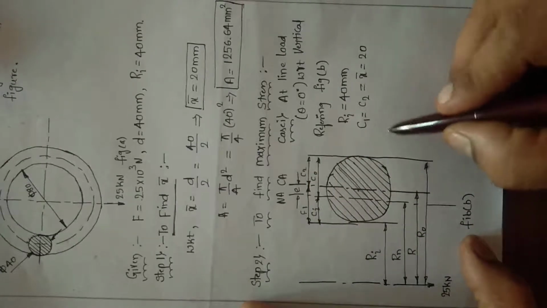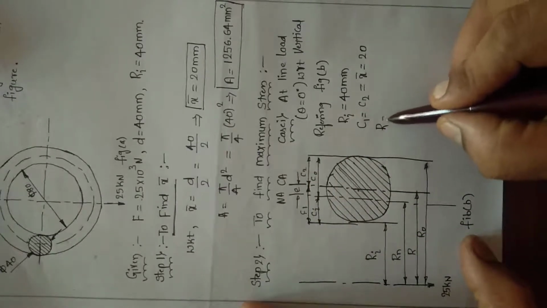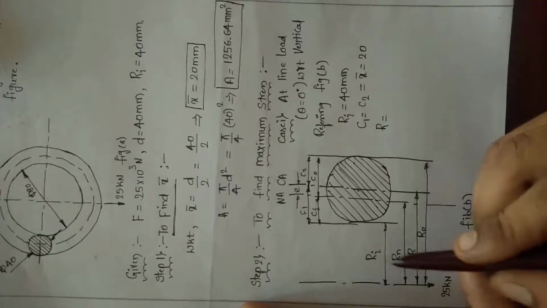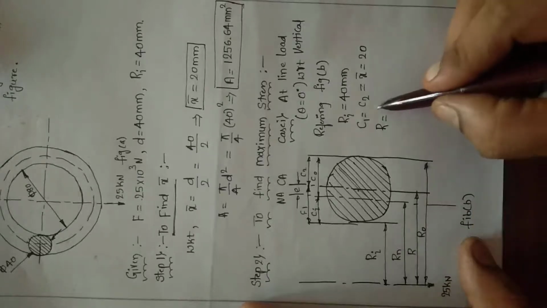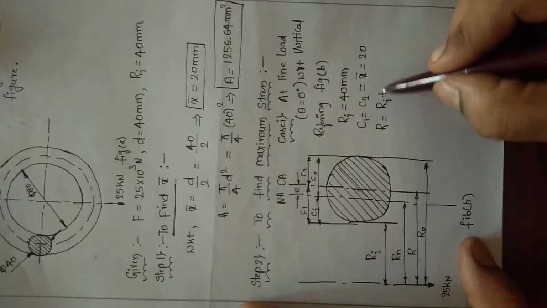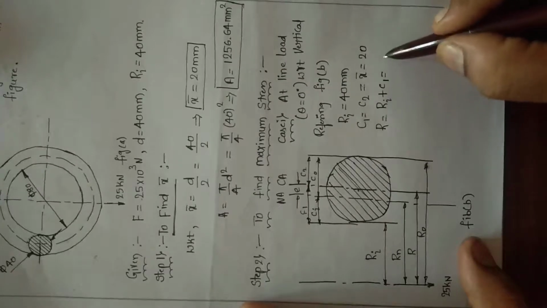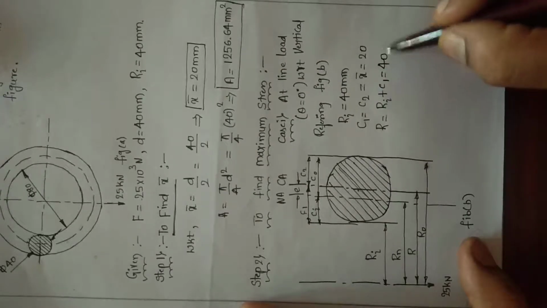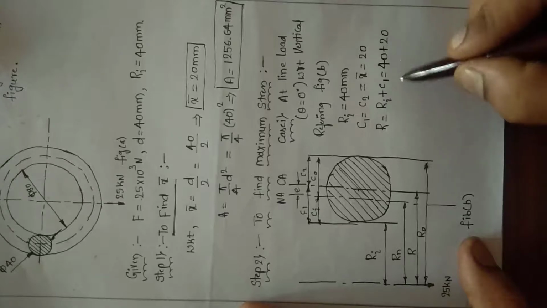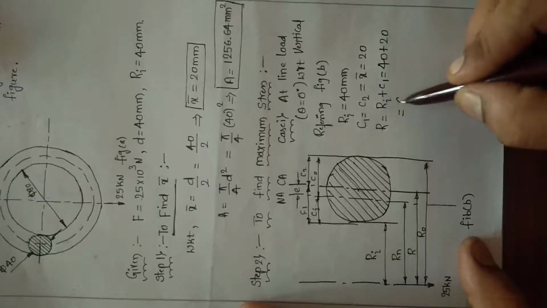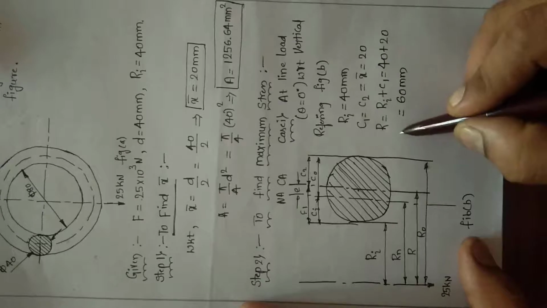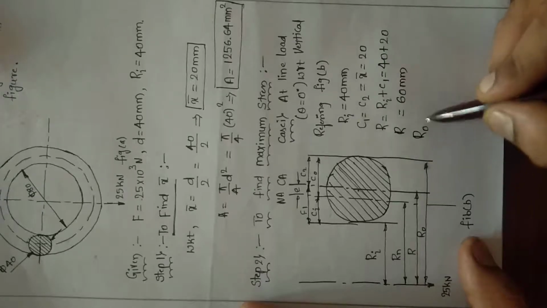Okay. Next, capital R will be what? I said capital R is Ri plus C1. Ri is 40, C1 is 20. So R will be how much? 60 mm. So what about R0?